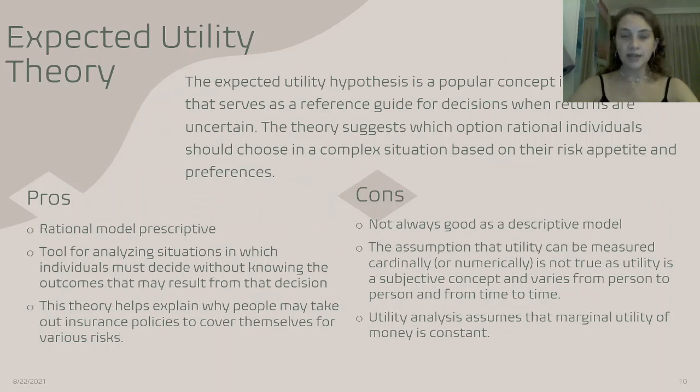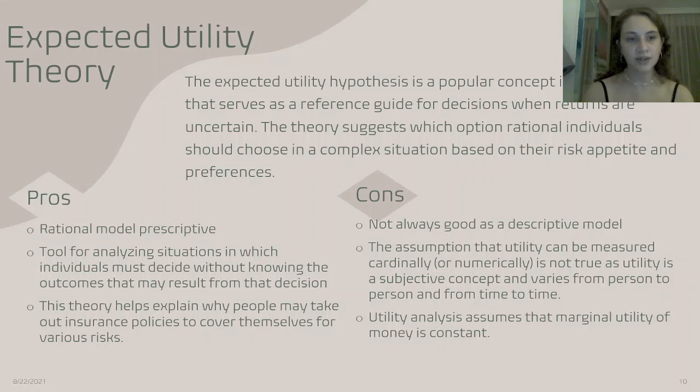Expected utility theory. The expected utility theory hypothesis is a popular concept in economics that serves as a reference guide for decisions when returns are uncertain. The theory suggests which option rational individuals should choose in a complex situation based on their risk appetite and preferences.